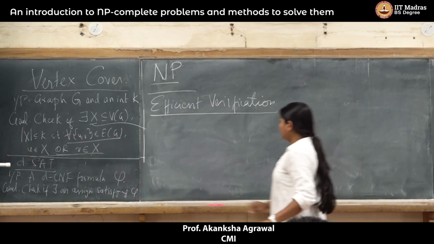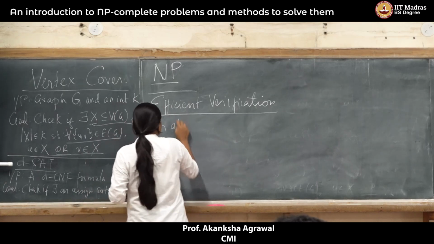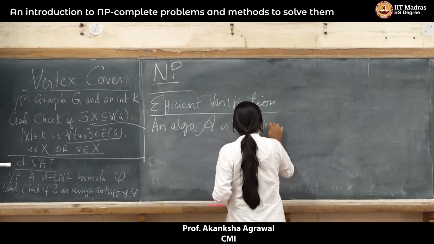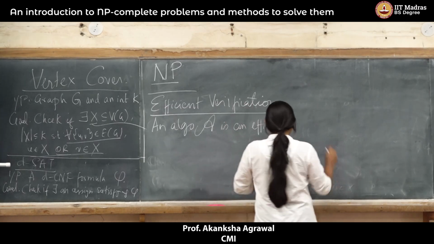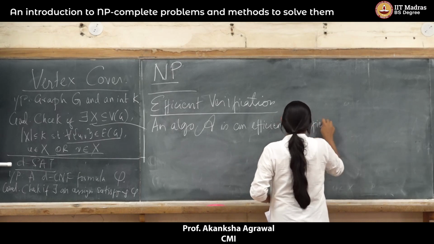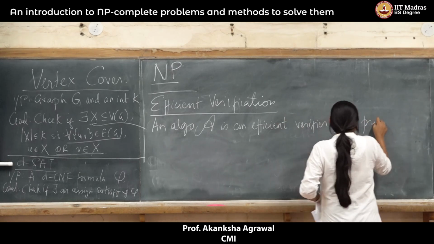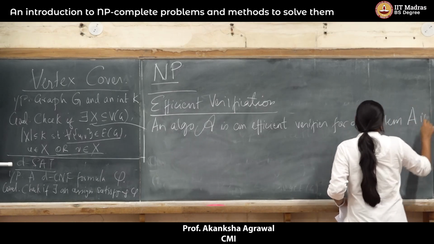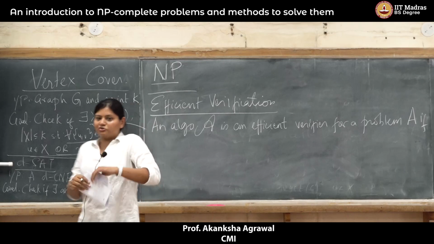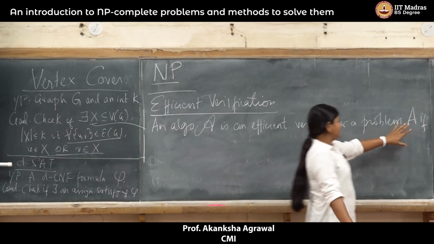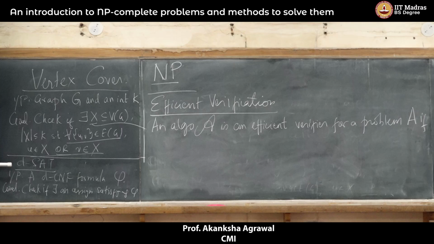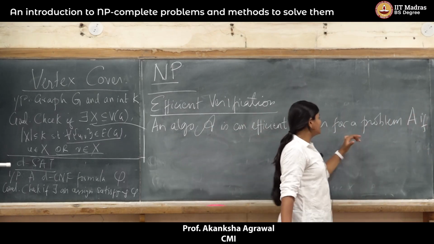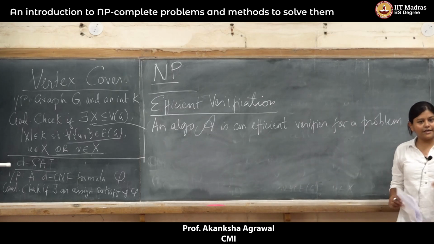So, an algorithm A is an efficient verifier for a problem A. Deliberately I am writing this as a fancy A to denote it's an algorithm for this problem A, which is supposed to be a subset of sigma star, a decision problem. Okay. So fancy A is an efficient verifier for problem A if the following conditions hold.